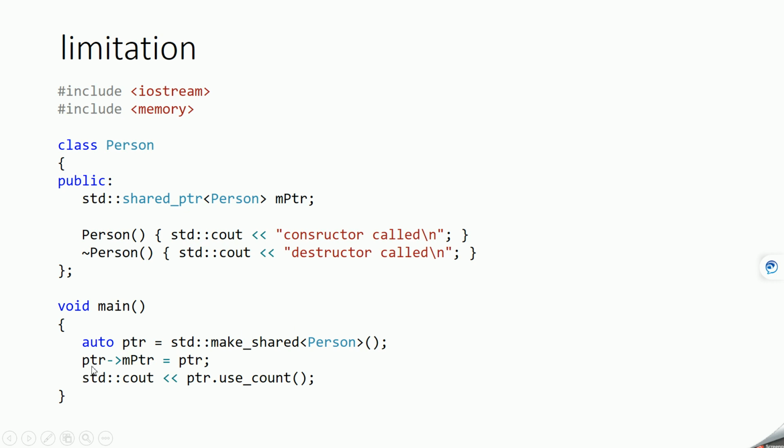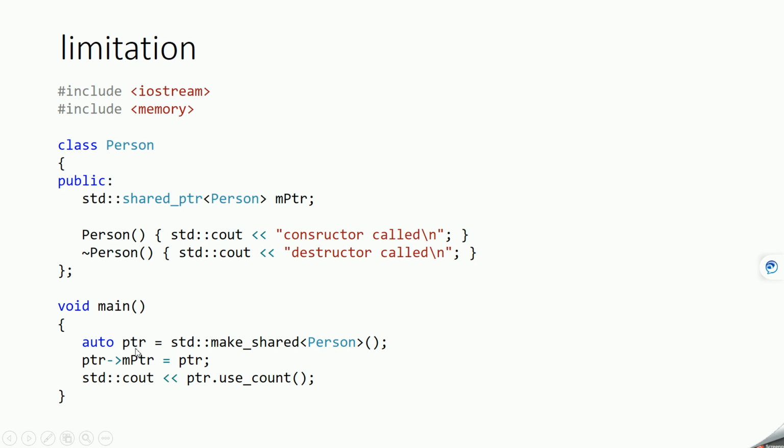And now what we are doing, we are making this ptr whose member is mptr point to this memory itself, and then we are printing the use count. Okay, so the problem with this program is that it leads to a circular dependency. Let's see how.